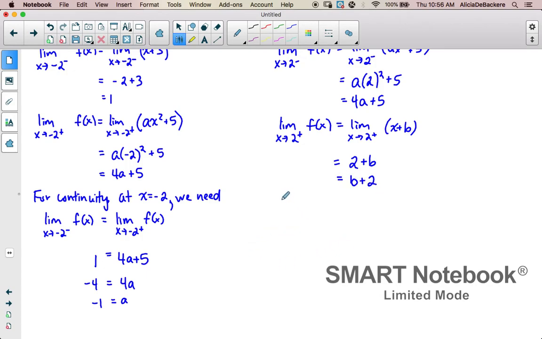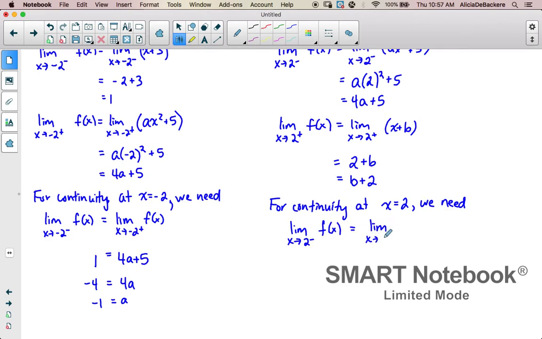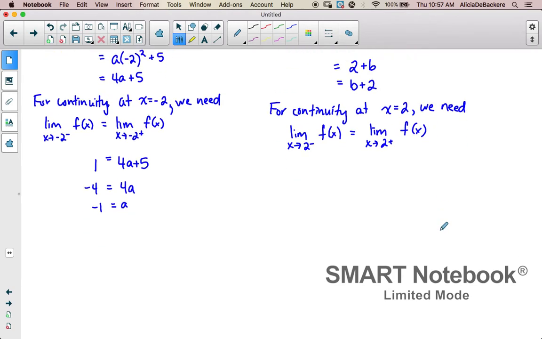All right, so for continuity, we need the left-hand limit to equal the right-hand limit.